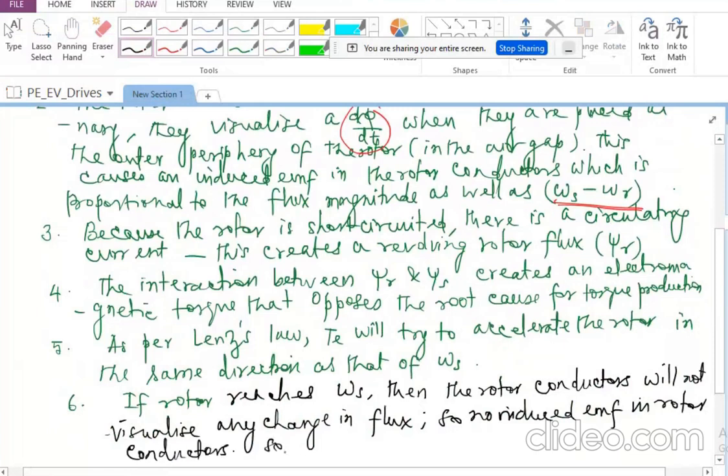So no torque production. So omega r will fall.